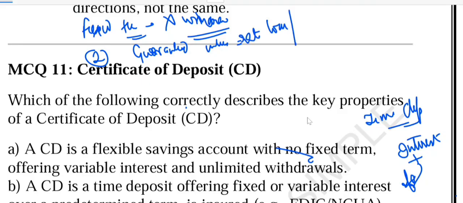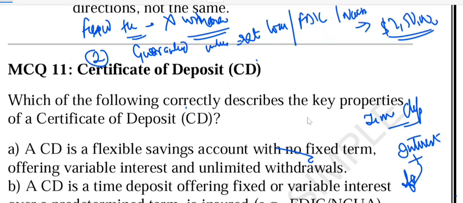And it is FDIC and NCUA insured, up to $250,000 in the US. Your money is safe even if the bank fails. And there is an early withdrawal penalty. If you take money out early, you will lose some interest.